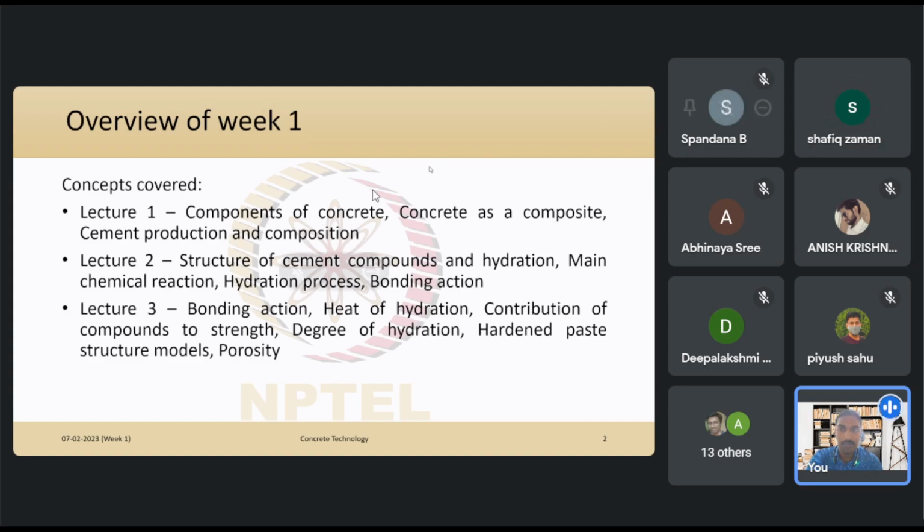In the second lecture, we looked at the structure of the different cement compounds. In cement we have different compounds such as different oxides, as well as the compounds formed out of these oxides. We saw the structure of these compounds, and we looked at a process called hydration.